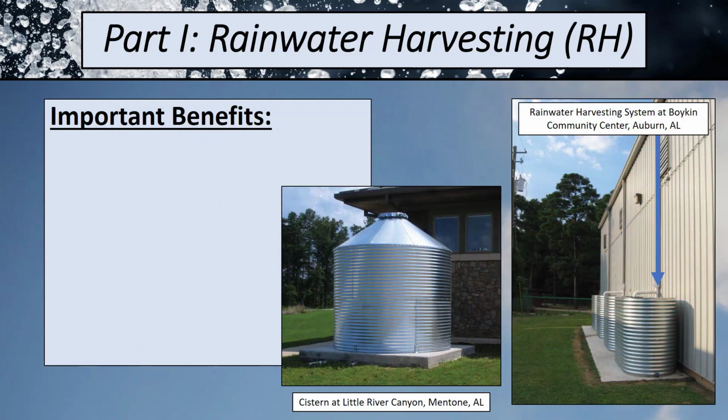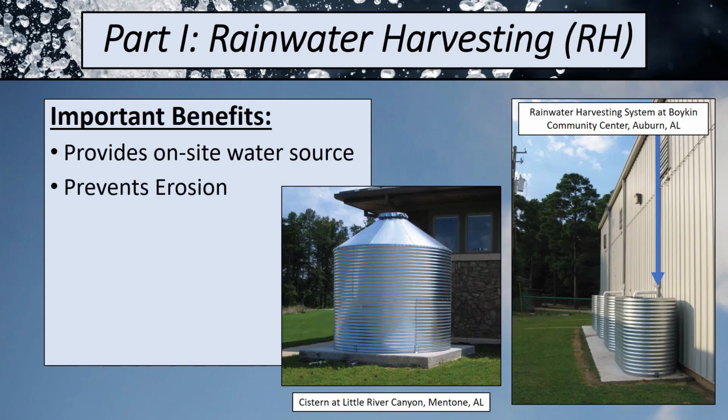After understanding the basics of rainwater harvesting, we then need to address its importance. Much of its significance stems from the concept's ability to provide an on-site water source. These uses are generally involved in landscaping water needs, like a lawn sprinkler system, or in other gray water applications. Another important benefit of rainwater harvesting is that research actually indicates that RH systems are useful in preventing erosion caused by stormwater flows.